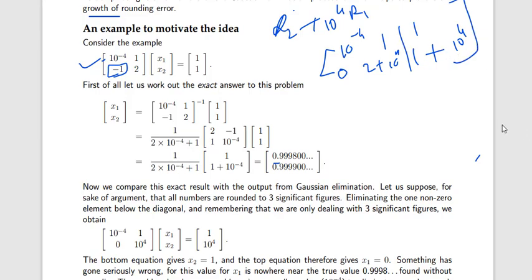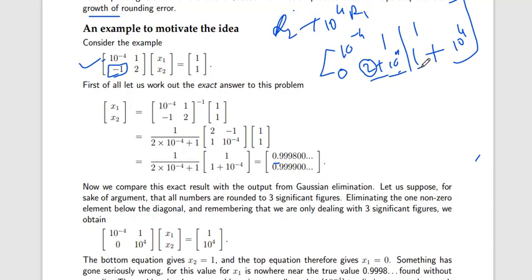Now if we add 2 to 10 raised to 4, 2 is the smallest value in comparison with 10 raised to 4. Here also 1 plus 10 raised to 4.